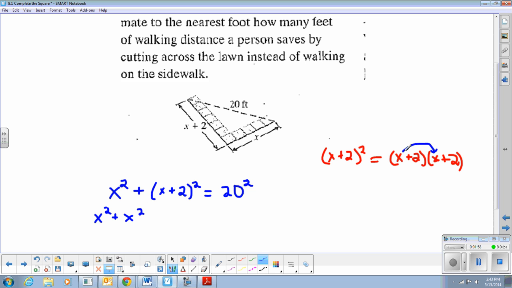Then I take x times 2, so that's plus 2x. And then I take another 2 times an x, plus 2x. And then 2 times 2, and that's plus 4. And that's going to equal 20 squared, and 20 times 20 happens to be 400.